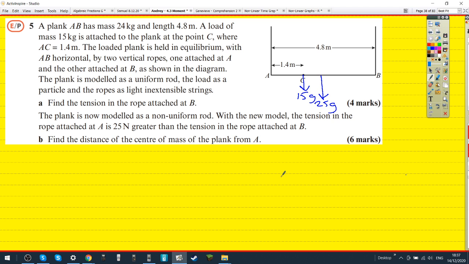Okay. Any other forces? Like an upwards force. Yep, at A and B. Those two tensions.